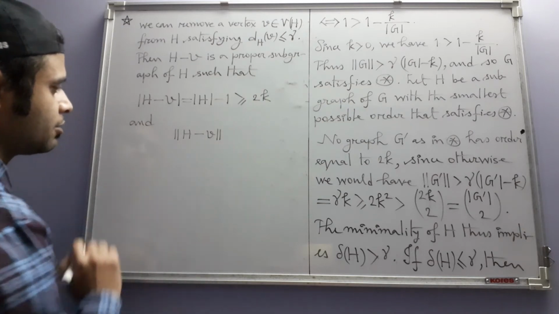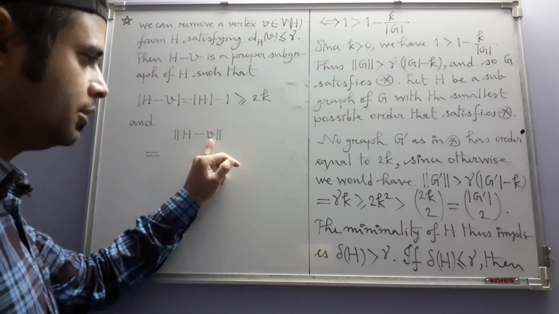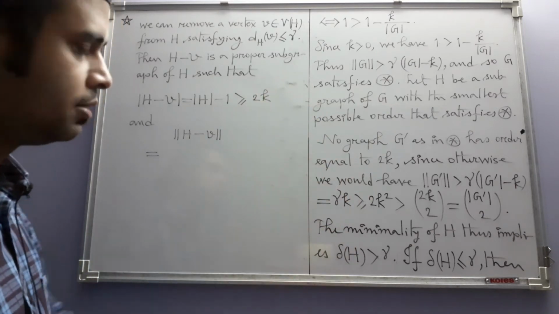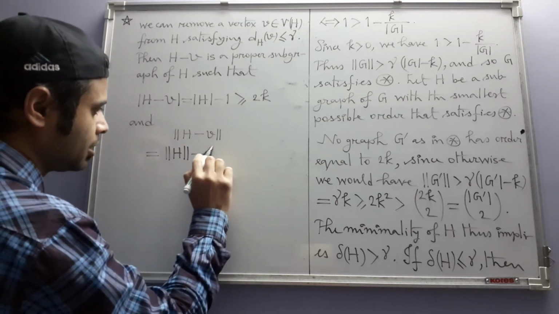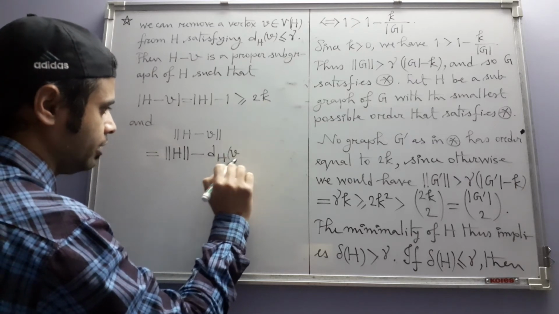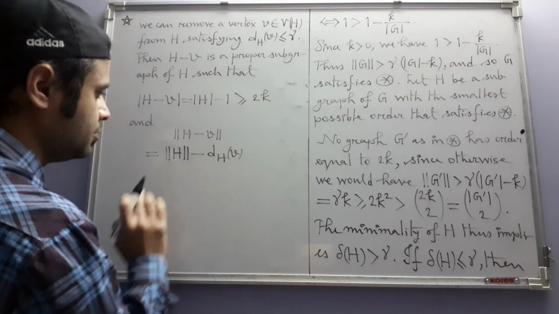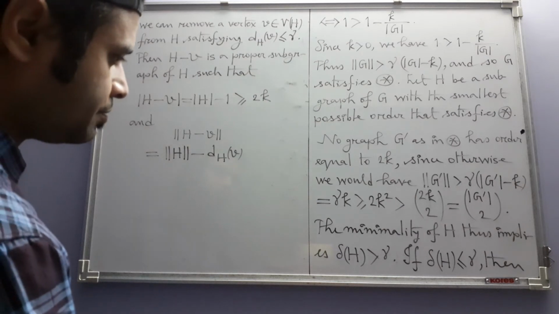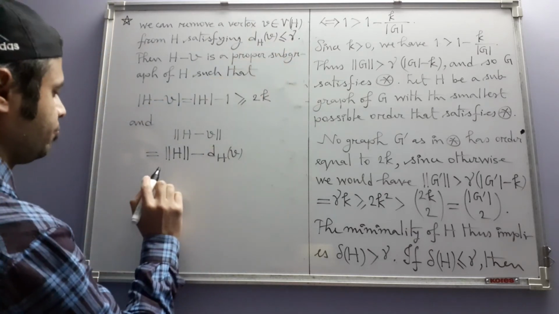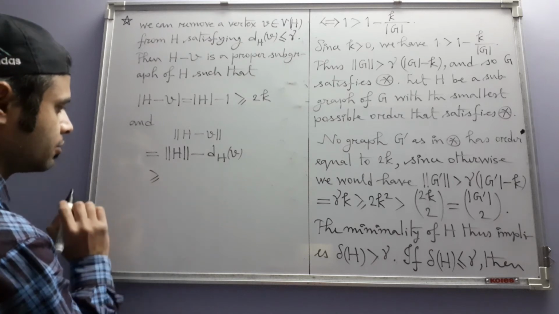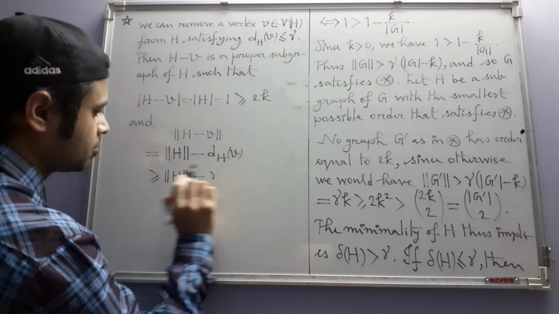What happens to the number of edges in this subgraph? Removal of V also removes the edges incident with V. That means this number will be the number of edges in our original H minus degree of V in H. Don't forget to mention that this degree is in H, considering V as a vertex of H. Now, because of this condition, this will be greater than or equal to this minus gamma.